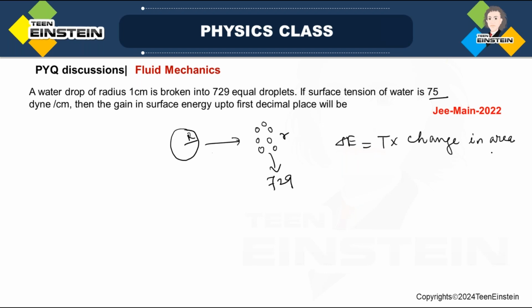That means the total surface area will be increasing, whereas the total volume remains the same. That means 4 by 3 pi capital R cube is equal to 729 times 4 by 3 pi small r cube. But we don't know what small r cube is. We have to find that out. From this relationship, 4 by 3 pi cancels each other.